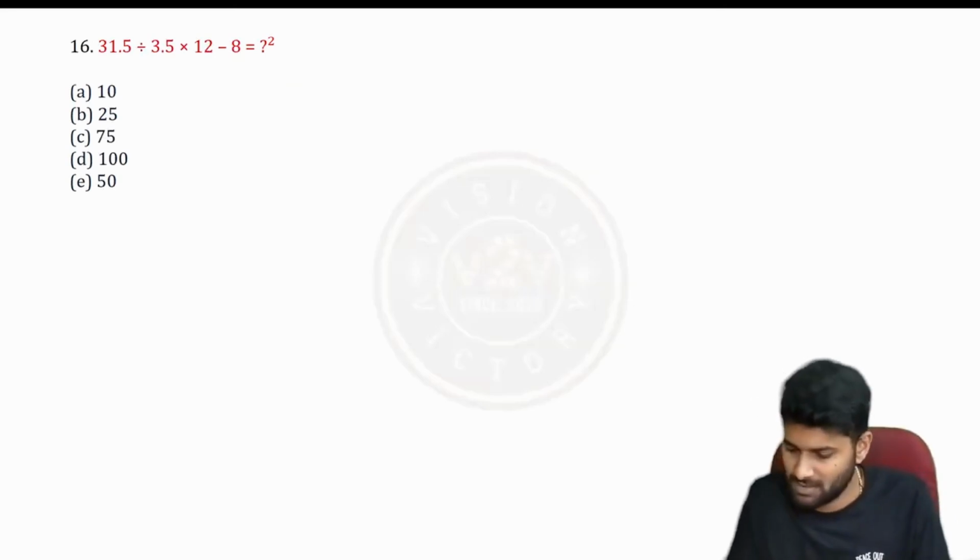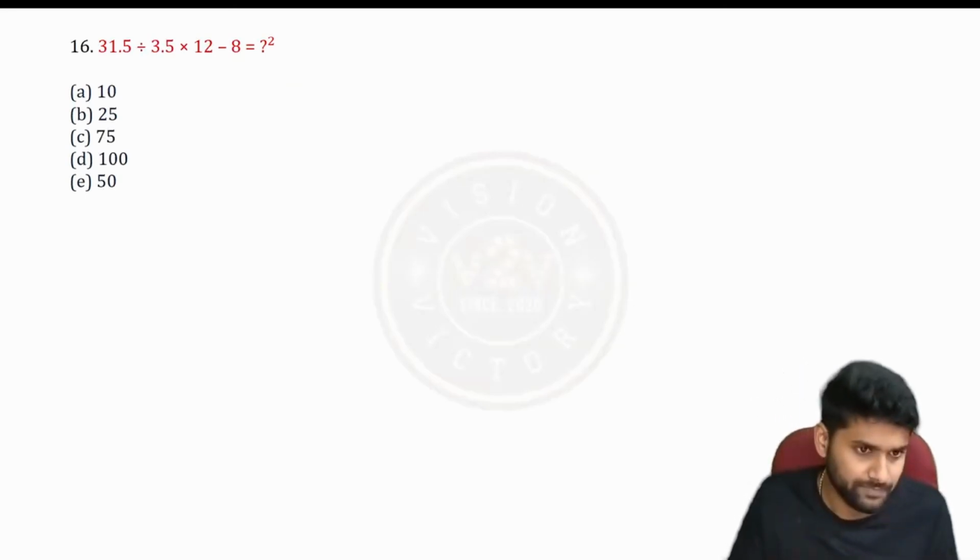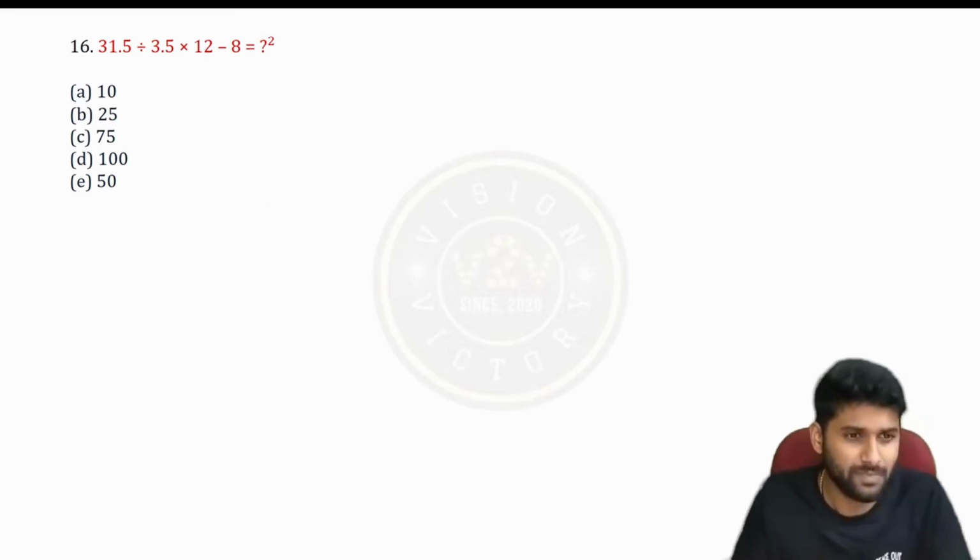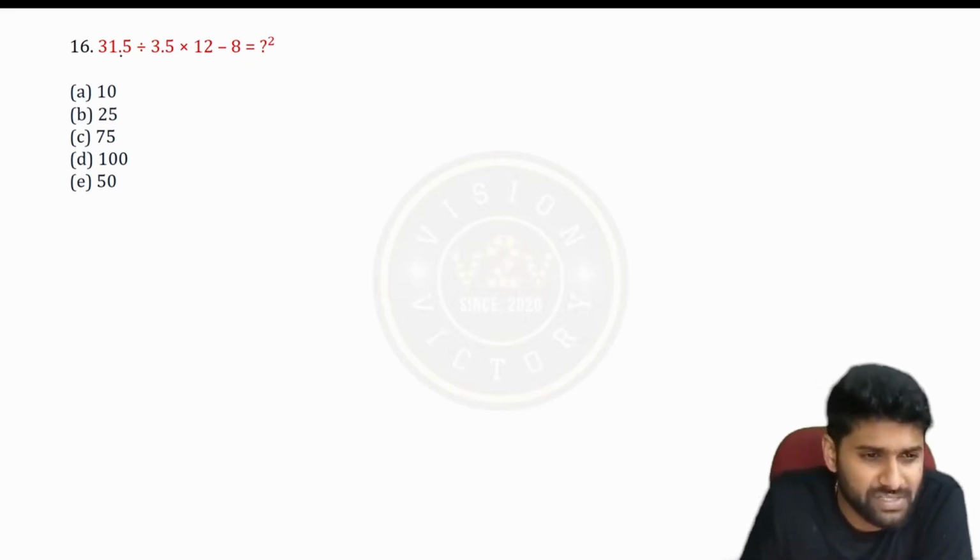Next. See the next simplification. Now see, 31.5 is divisible by 3.5. So it's exactly how much?